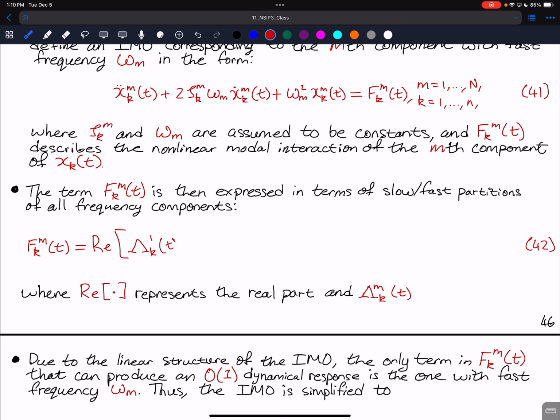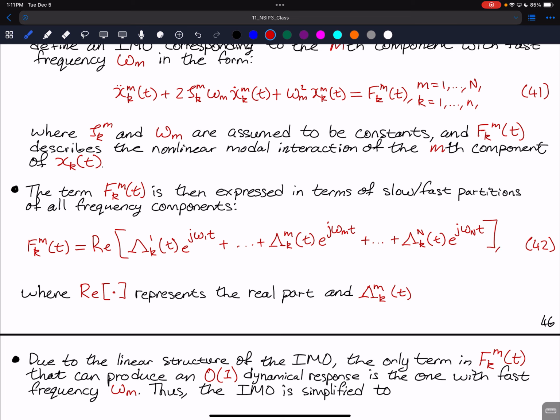This is our slowly varying amplitude multiplied by e to the j omega 1 t plus dot dot dot plus lambda sub km of t times e to the j omega m t plus dot dot dot plus lambda sub kN of t times e to the j omega N t.